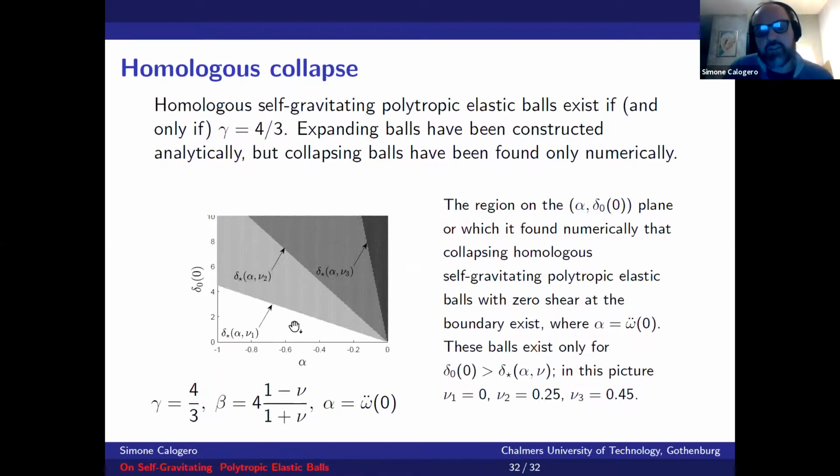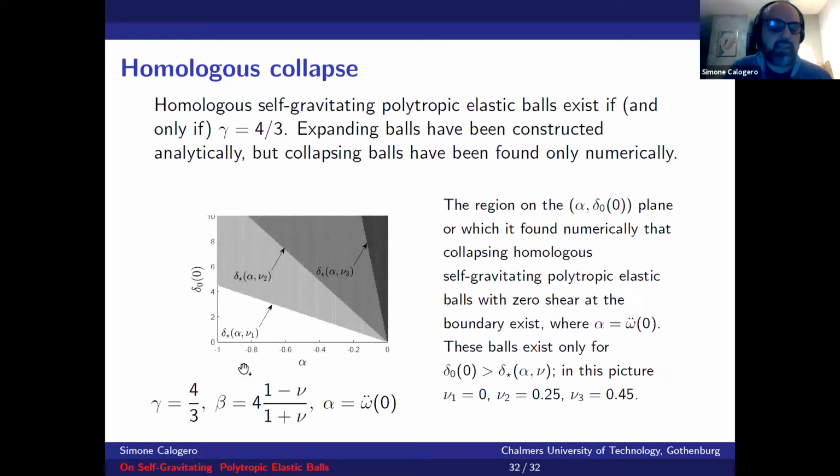I'm not even going to discuss this much because I don't have a lot to say. It's easy to find numerically. Even in this case, I should say that one has to choose gamma equals 4/3, so this critical value is the same as in the fluid case. You need this in order to have this type of self-similar solution.